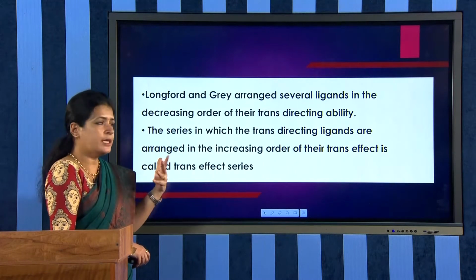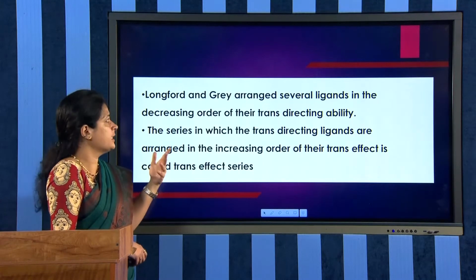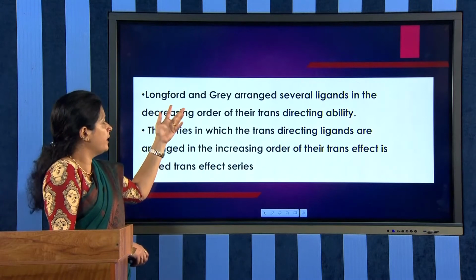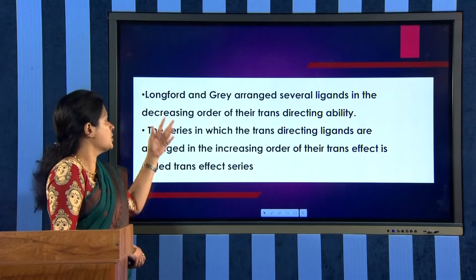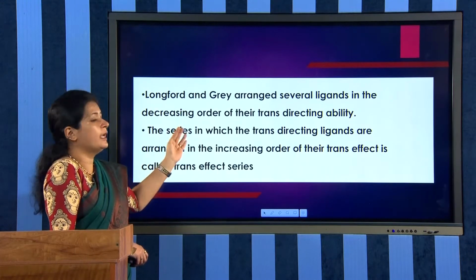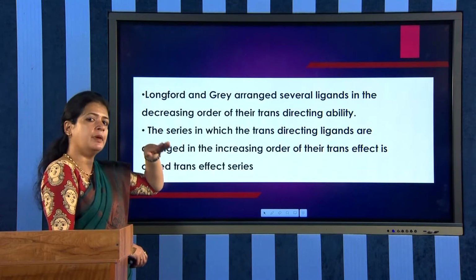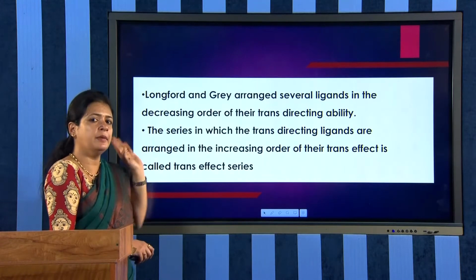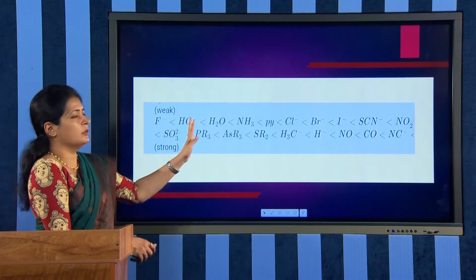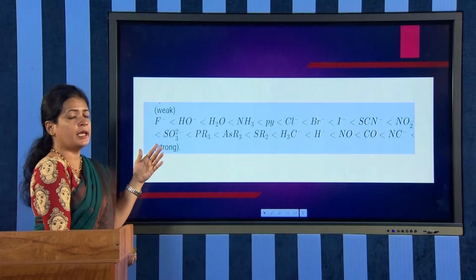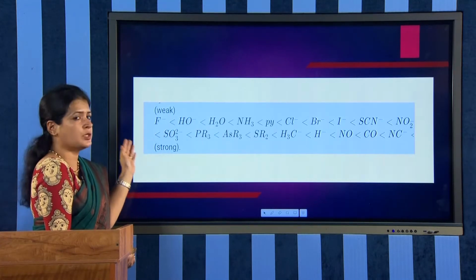Longford and Gray were the scientists who arranged the ligands based on their trans-directing ability. Okay. And now you can see the series, how they arranged the different ligands based on their ability.